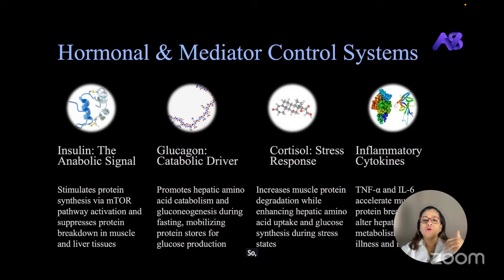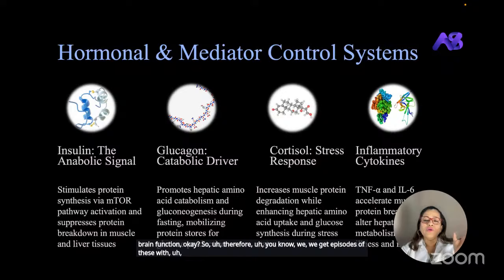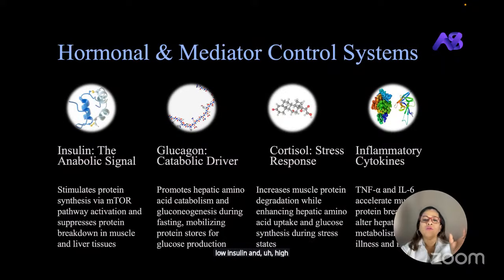So glucagon is basically known as a fasting hormone, and therefore when we talk about overnight fasting, glucagon rises, the liver releases glucose and maintains the brain function. Okay, so therefore we get episodes of these with low insulin and high glucagon, and especially in DKA.